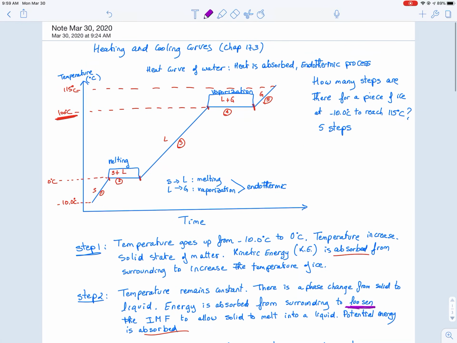Well, in reality, breaking the intermolecular forces completely down requires a lot more energy than melting over here. So that's why, and I purposely did that, the plateau for the melting over here is a lot smaller than the plateau for the vaporization over here. The amount of heat needed to vaporize a substance is called heat of vaporization.